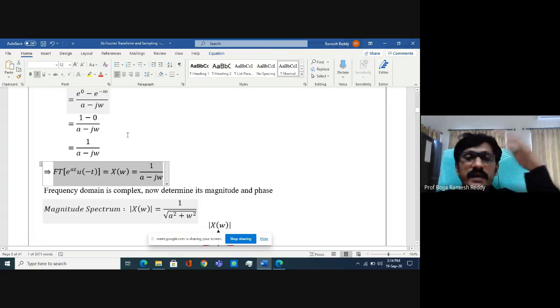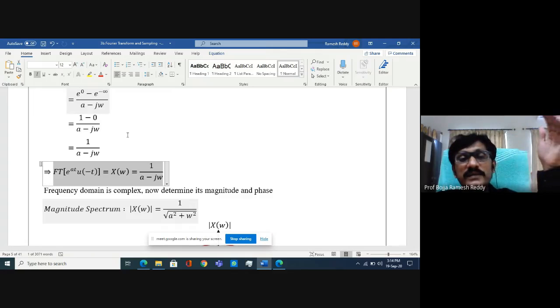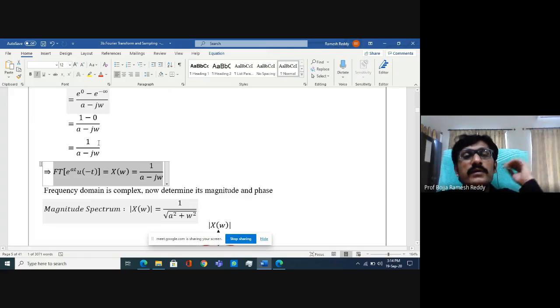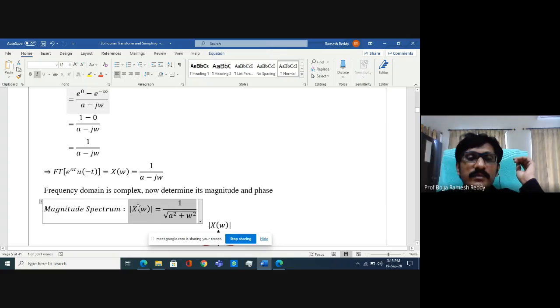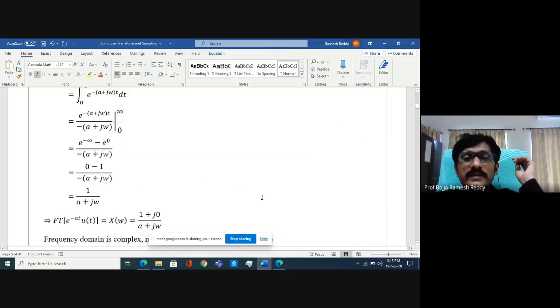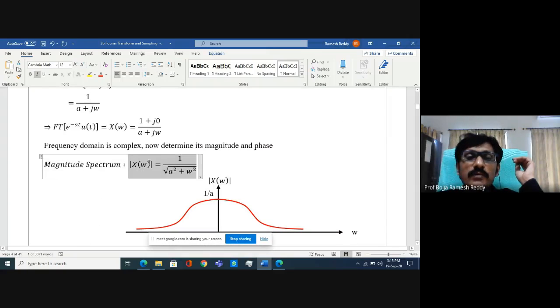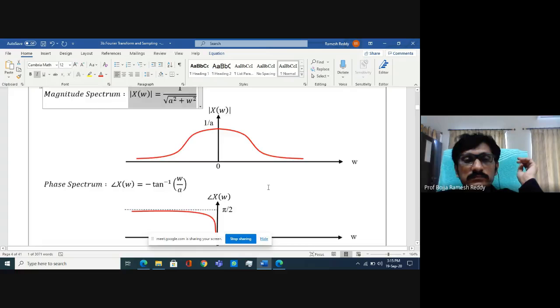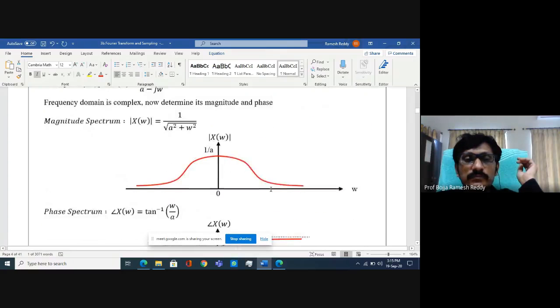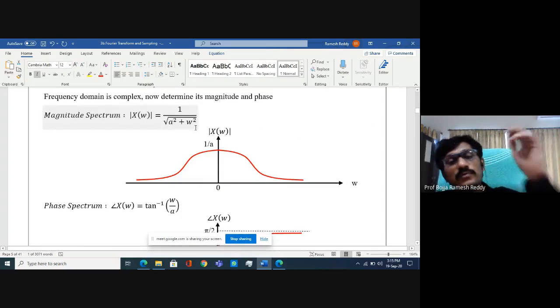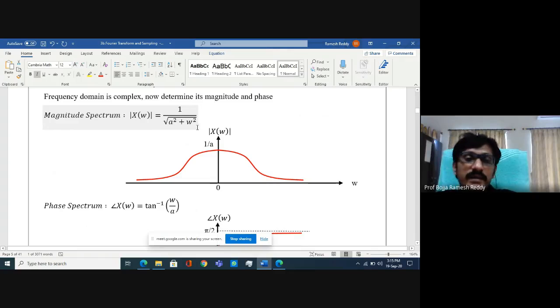Right side is nothing but decaying exponential. Left side is nothing but rising exponential. Signals are completely different, but magnitude spectrums are same. Magnitude spectrum for the previous signal is also 1 by root of a square plus omega square. Now see here also the same thing. Magnitude spectrum is common for both rising and decaying exponential. Same spectrum, no change in the spectrum.